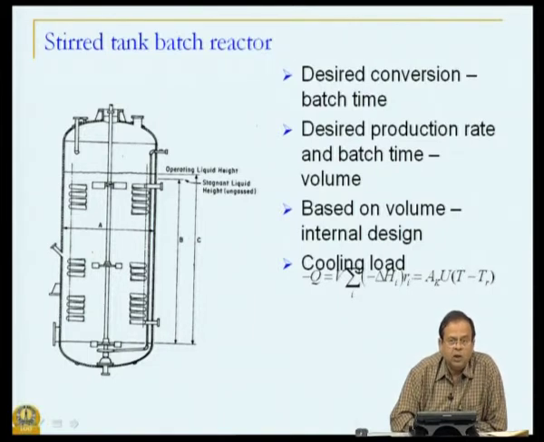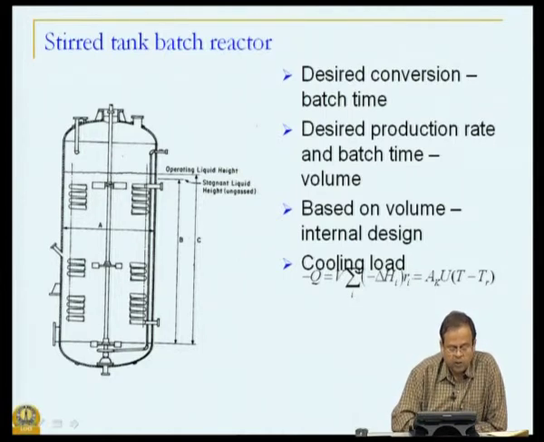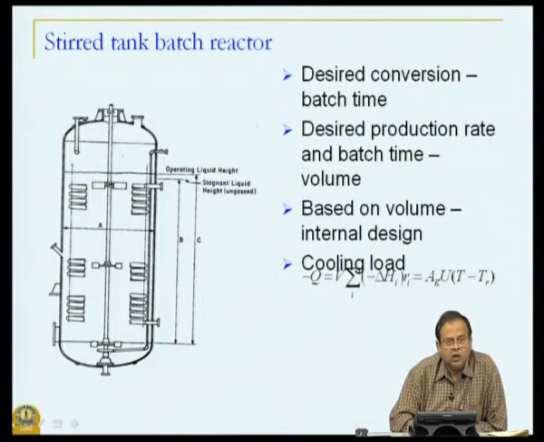So, the height to diameter ratio can be in excess of 1, typically 2, and in which case we need multiple impellers. So, we have multiple impellers with standard design of their locations, clearances, their diameter vis-a-vis diameter of the vessel and so on.